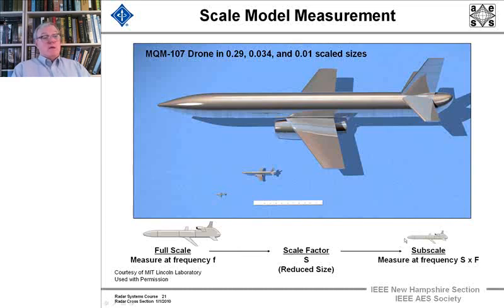So in other words, make a scale model that's a tenth the size of the real entity at 10 times the frequency, and then you'll have effectively, if we're just talking about a perfectly metallic substance, a perfect conductor, and in a minute we'll show you the other scaling factors, then you'll have the full scale cross section.